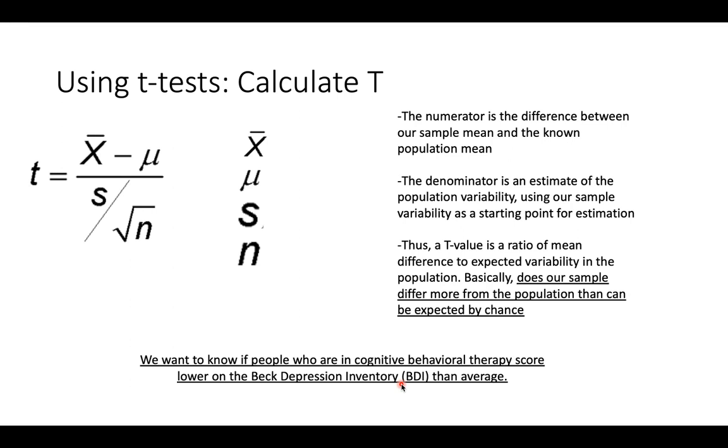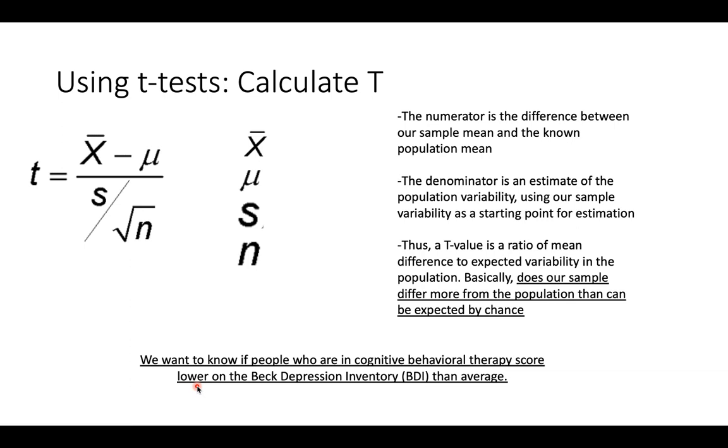We are anticipating that our sample of people will be to the left of the mean because we're anticipating cognitive behavioral therapy will lower their scores. So we have a one-tailed test. We're only looking in one direction. So if you have words like lower or less than or more or greater than, then you have a one-tailed test.